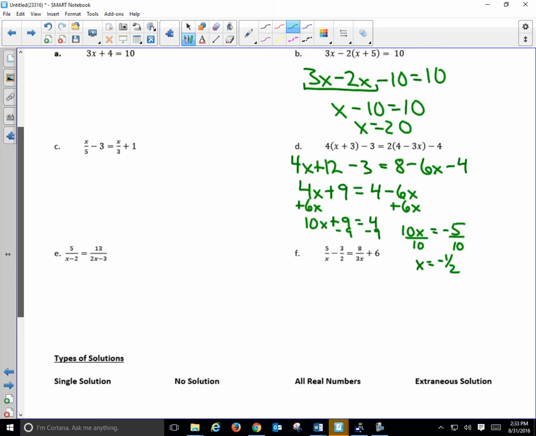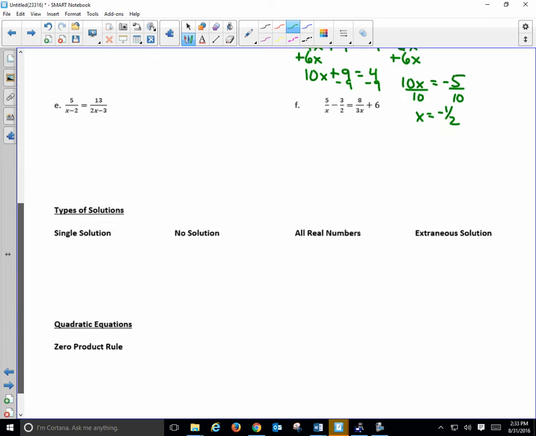Okay. What if you have a fraction equal to a fraction? You remember what you can do if you have a fraction equal to a fraction? Cross multiply. 13 distributed to the x makes 13x, and 13 times negative 2 is negative 26. 5 times 2x is 10x. 5 times negative 3 is negative 15.